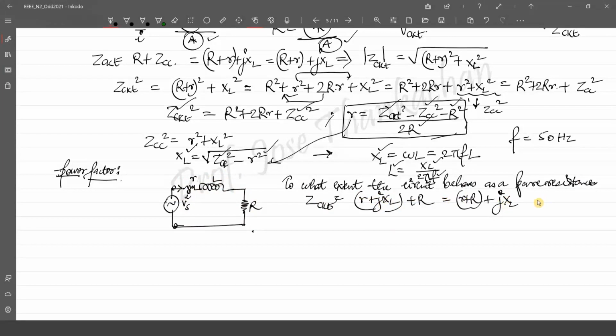We have already seen this. This is the Z circuit for the total circuit. The real part of this impedance is the total resistive part, and this is the reactance part.